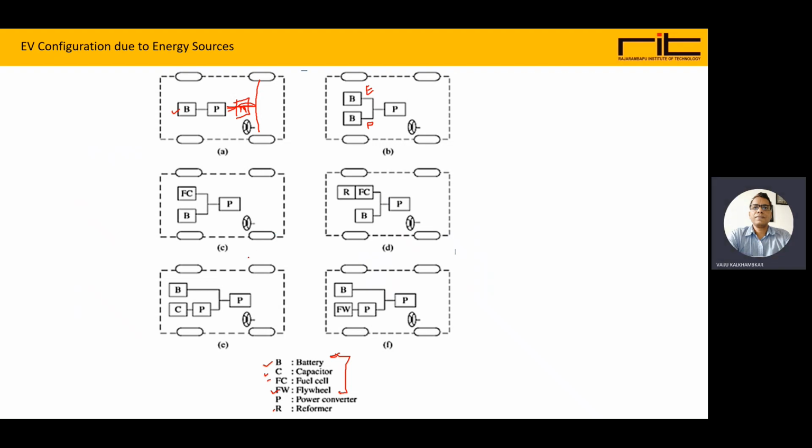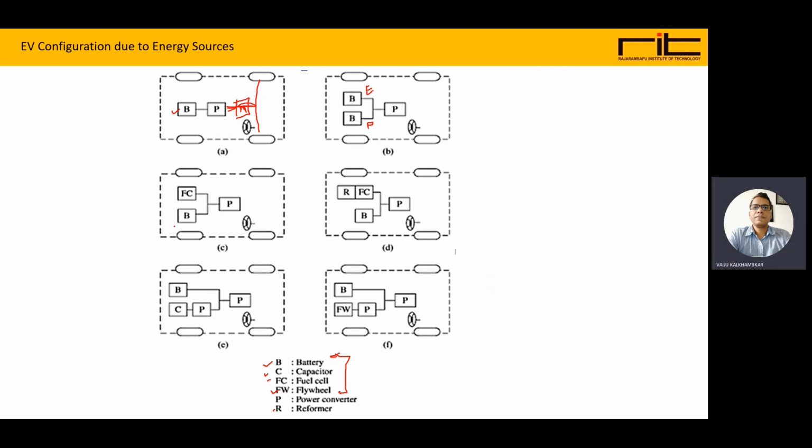Now the next configuration is a battery combined with a fuel cell. So here two sources are there, so it is called a hybrid combination, and with this hybrid combination, the range of the vehicle is again increased. It will provide the best combination with these two.